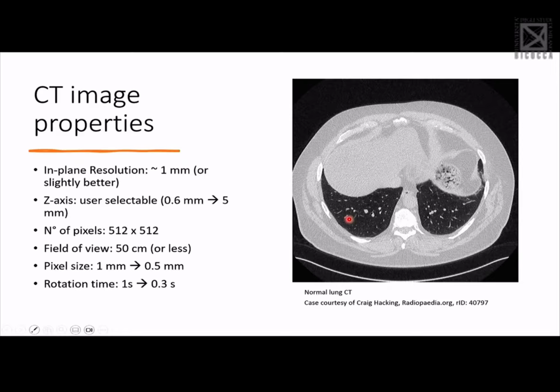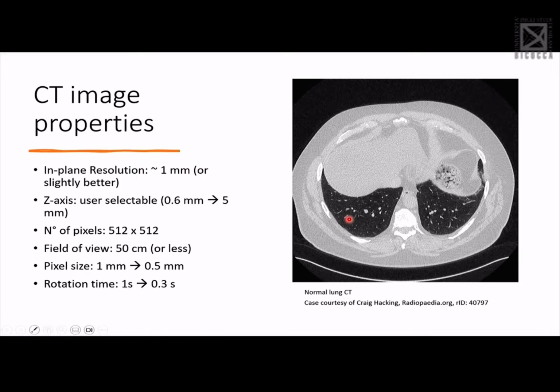Okay. So to summarize the properties of the CT, it has a quite high in-plane resolution of 1 millimeter, let's say. The most novel CT scanners can go to 0.8 or something like that. But you need to keep in mind that during the reconstruction, we have noise at high frequencies. So you exploit the full resolution of the scanner only if you need that, because otherwise you will need to suppress noise.